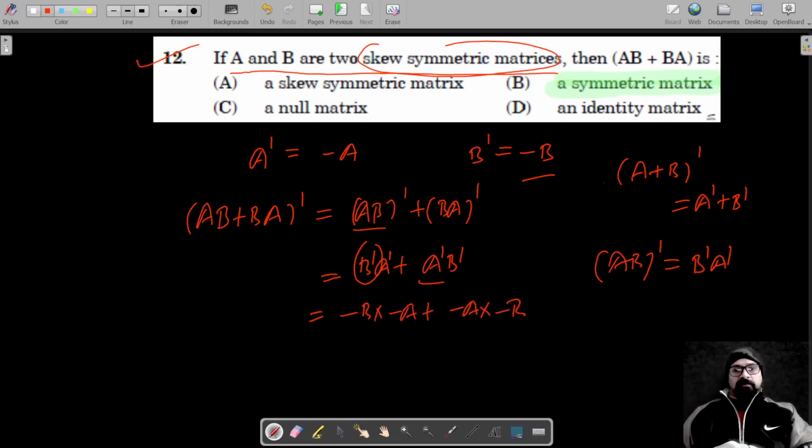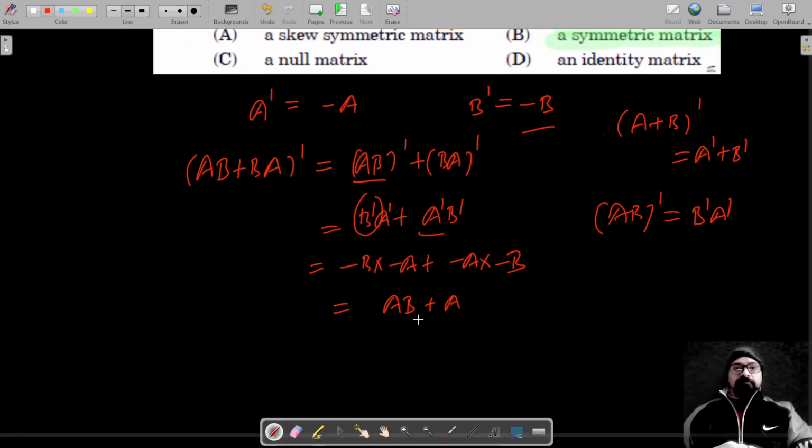B transpose is negative B. So this is equal to BA plus AB, and I can write it as AB plus BA.